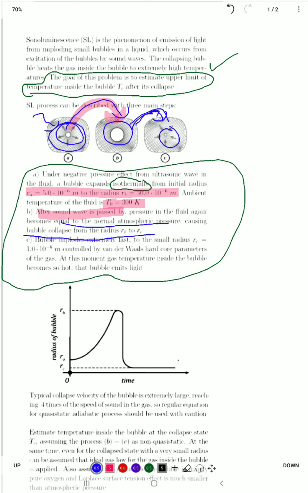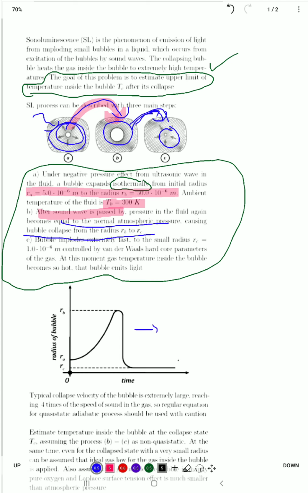In the third situation, the bubble implodes extremely fast to the radius RC, 1.0 × 10^-6 meter, controlled by van der Waals hardcore parameters of the gas. At this moment, the temperature inside the bubble becomes so hot that the bubble emits light at RC.